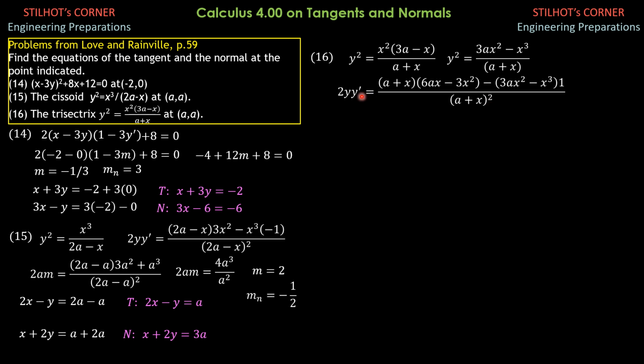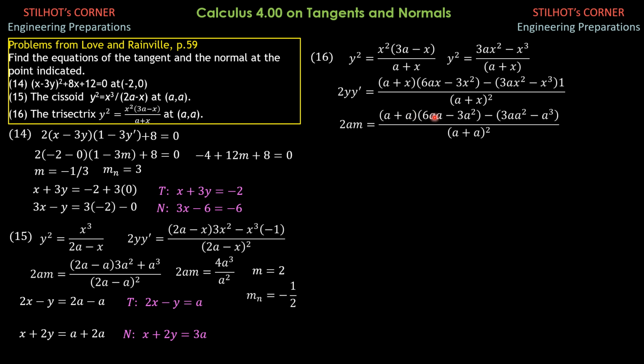Replacing y by a and x by a, and y' by m, we have 2am = [(a + a)(6a^2 - 3a^2) - (3a^3 - a^3)]/(a + a)^2.